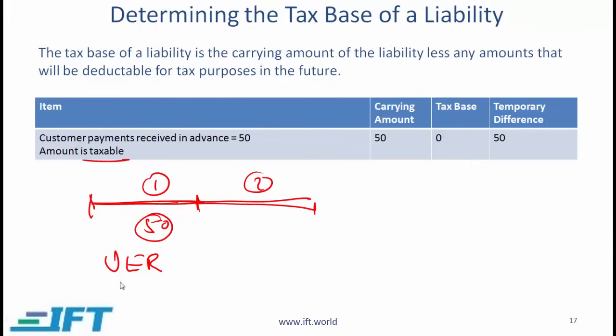So the carrying amount of the liability is 50. That's why you notice that the carrying amount is 50 and this is a liability. On the tax side, we have paid taxes, we have recognized or shown the 50 as revenue. So the tax base is 0. The temporary difference is 50 minus 0, which is 50.